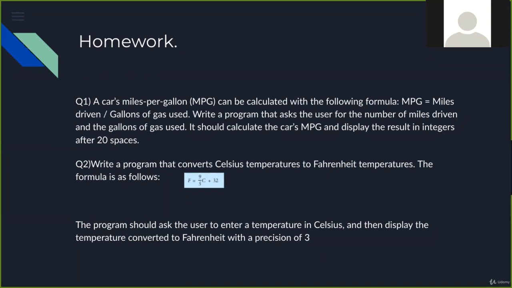If we take 32 as Celsius, it will convert it into Fahrenheit. If we take it as Fahrenheit, it will convert it into Celsius. I did it like that, both at once. Okay, fine. You can edit that question to this precision of 3, and you can send it to me. I'll have a look.